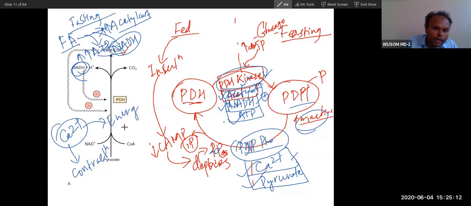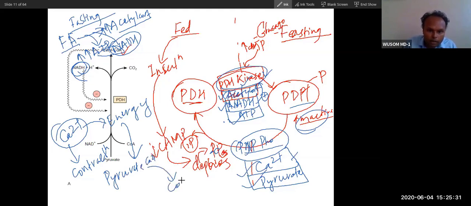So for energy, there has to be production of energy, because an exercising muscle requires glucose, and that is why glucose has to be converted into something else to get energy. So it will activate pyruvate conversion to acetyl coenzyme A. That is why calcium is an activator of the conversion of pyruvate to acetyl coenzyme A.